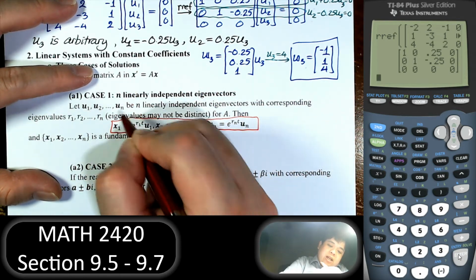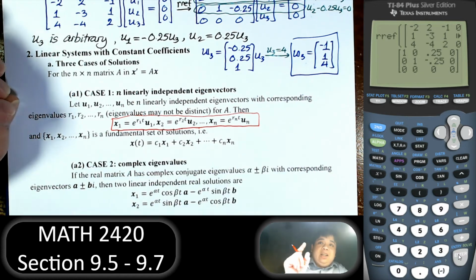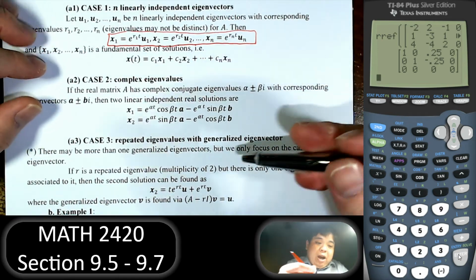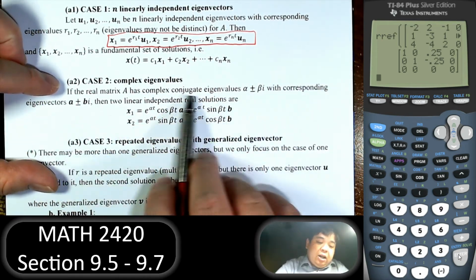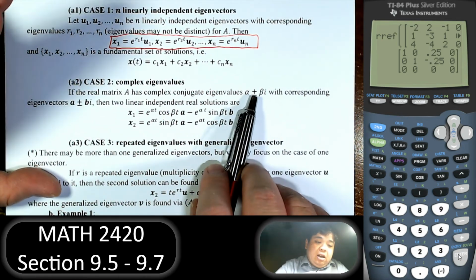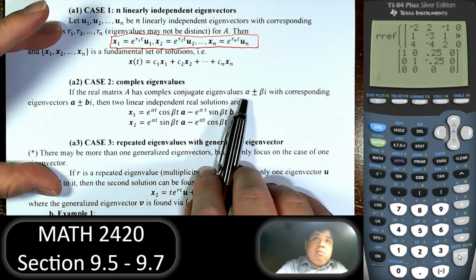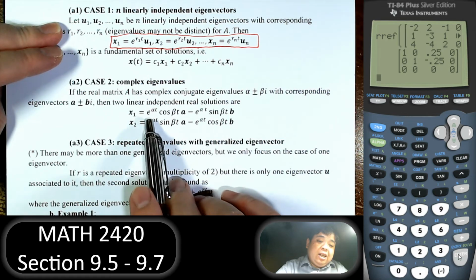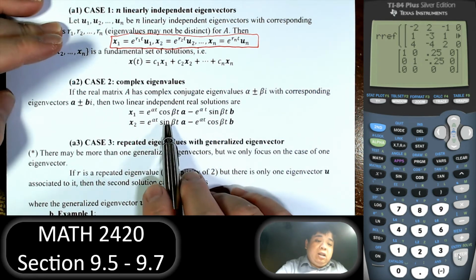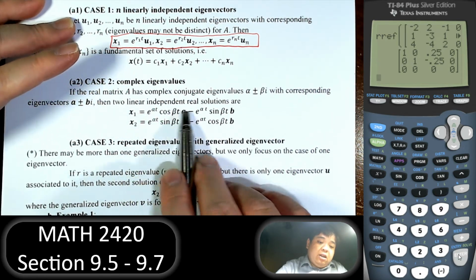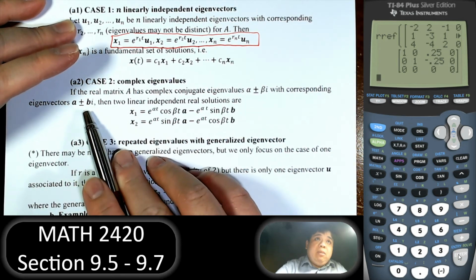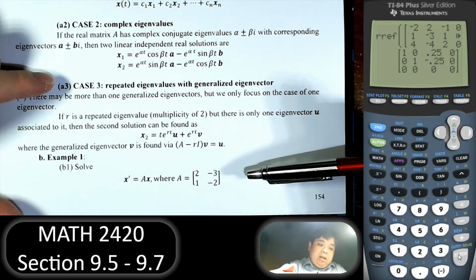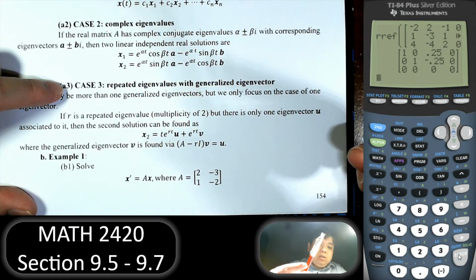We say e to r1 t times the eigenvector and so on. So case 2, when we have complex eigenvalues, they will be alpha plus beta i, and in that case we can find 2 corresponding linearly independent eigenvectors alpha and beta. Put that in this form. And when we have repeated eigenvalues, right?